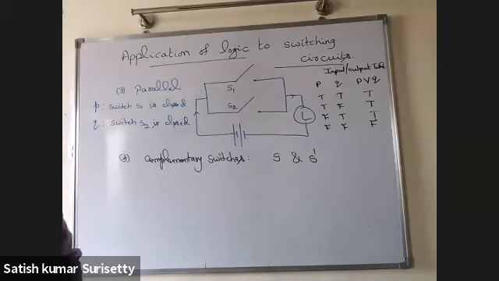Two switches, S and S dash, are said to be complementary switches if one switch is closed, then the other will be open.